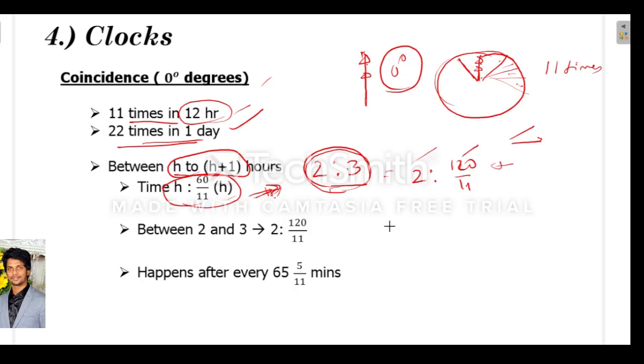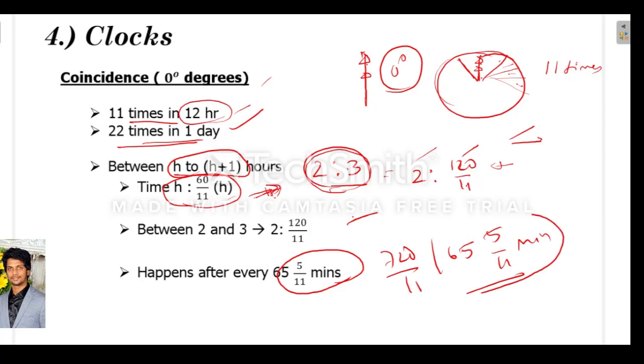One more thing is that this coincidence happens after every 720 by 11 minutes, which can also be written as 65 5 by 11 minutes. After every 65 5 by 11 minutes, the angle between the hours hand and minutes hand will become 0.